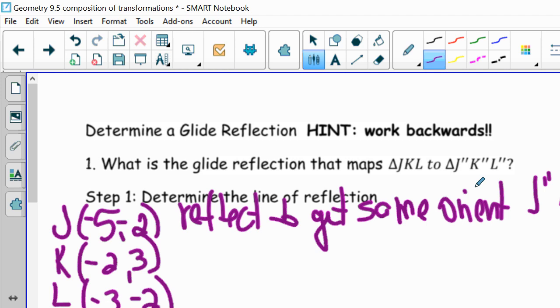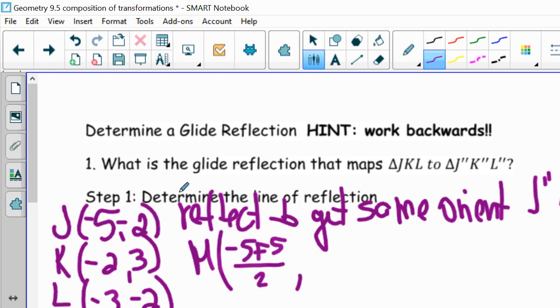I do this exactly like we were doing the other day. So I'm going to pick J and J prime, and I'm going to find the midpoint of J and J prime. So I would get, let's see, the x is (-5 plus -5) divided by 2.